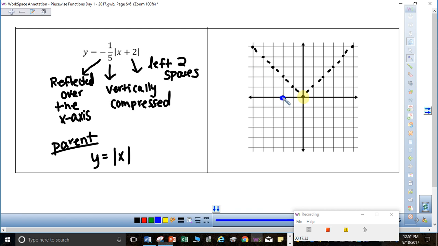And so if you think about rise over run, vertical change is 1 space, the horizontal change is 5 spaces. So think about going down 1 and then over 5. In each direction, down 1, over 5. It's going to go a little bit off our graph, but it's going to end up looking something like this. And we can see, yep, that is quite a bit wider than the original. So it's definitely vertically compressed. It's reflected over the x-axis, and our vertex, we moved over left 2.